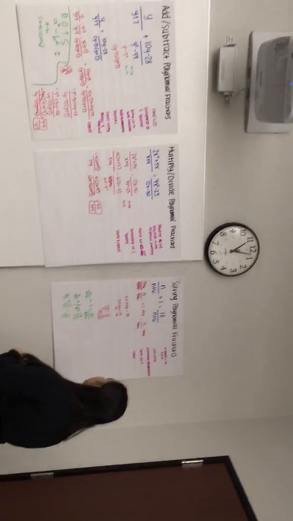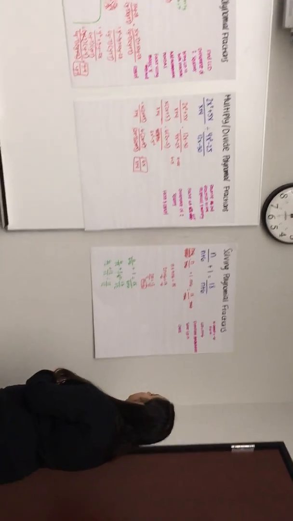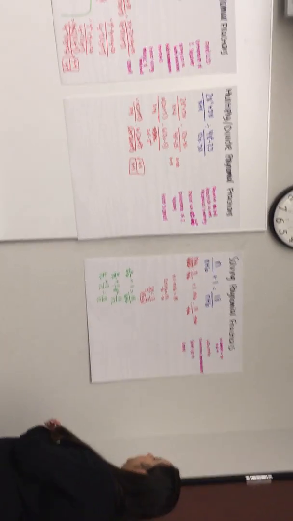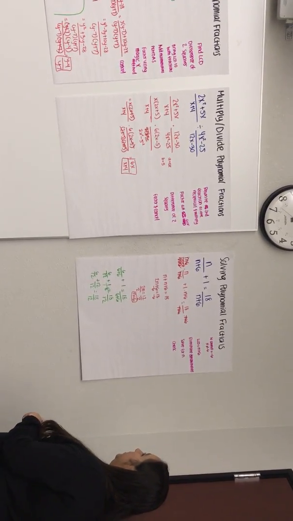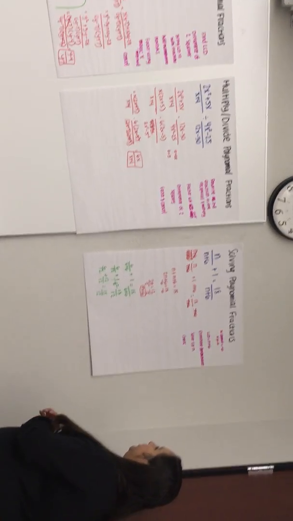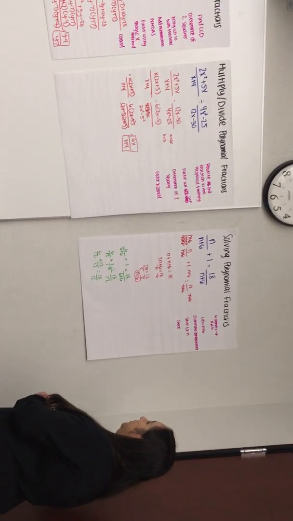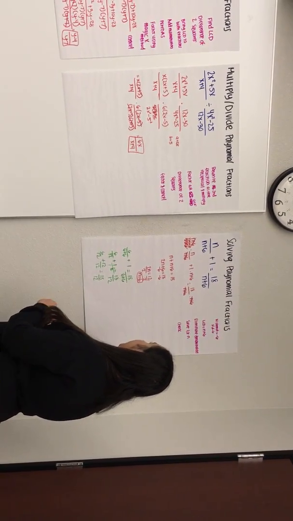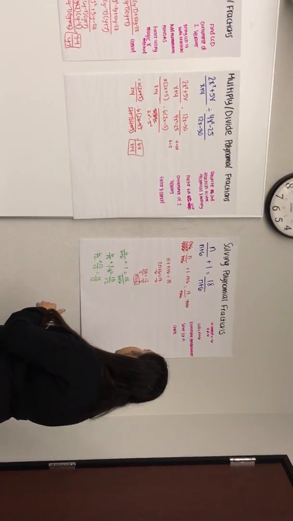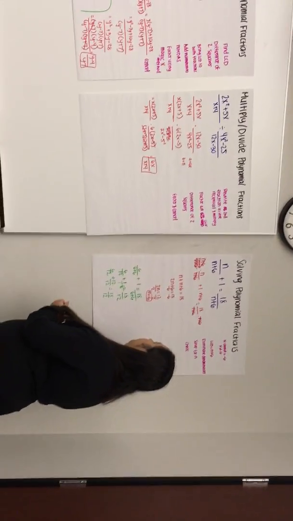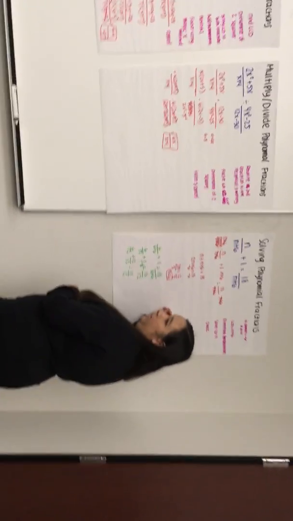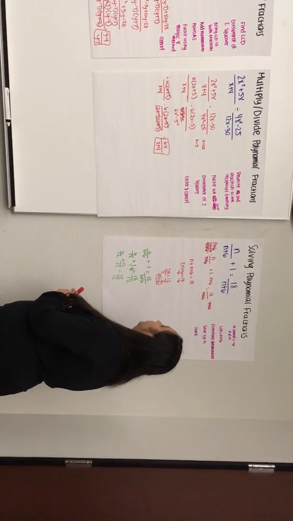So we have n over n plus 6 plus 1 equals 18 over n plus 6. We need to make sure that we don't come up with a restricted value, and by that I mean anything divided by 0 is always going to be undefined.